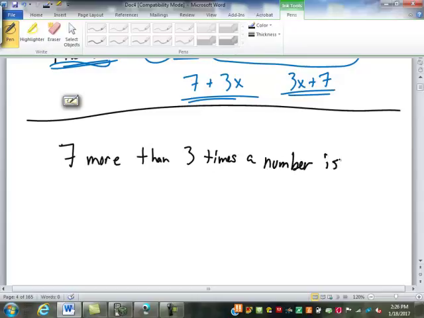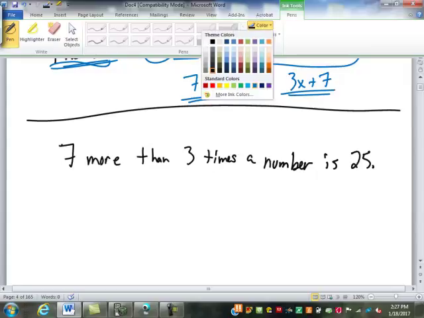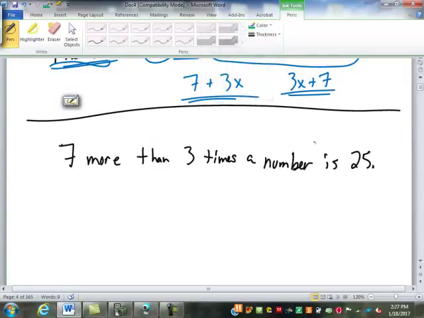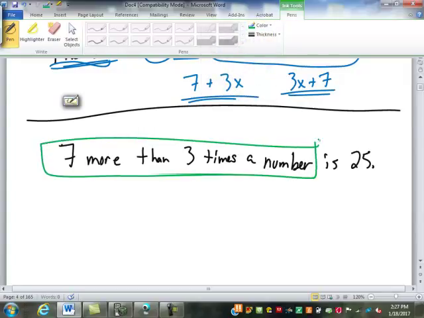is 25. So now this part here is exactly what we had in one of our examples up above. 7 more than 3 times the number is 3x plus 7, or 7 plus 3x. What does the is 25 mean?